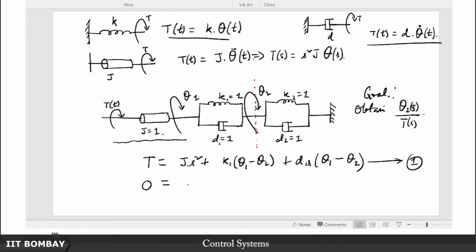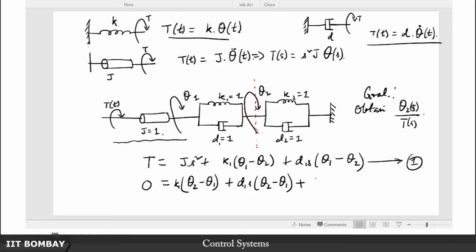On the left of this is what I have given by theta 2 minus theta 1, which is arising due to this. So this is k1 plus d1 s times theta 2 minus theta 1. That is on the left hand side, plus on the right hand side this spring and this dashpot experiences a rotation of exactly theta 2 and only theta 2, because this is connected to the datum. So whatever is the net rotation here is actually the total rotation with respect to the datum.